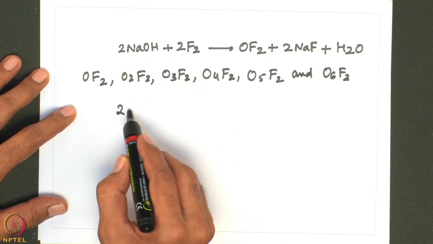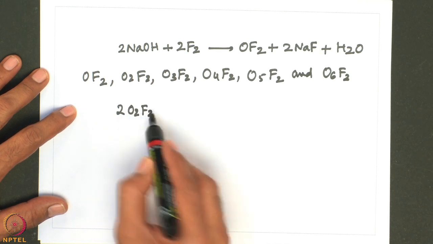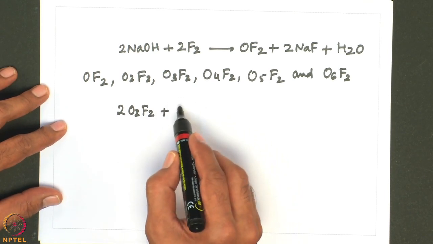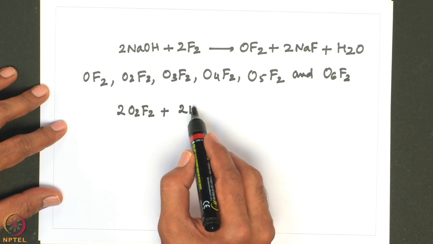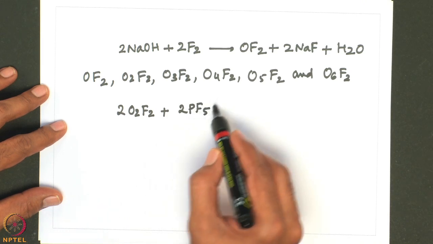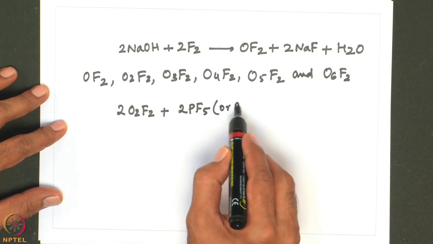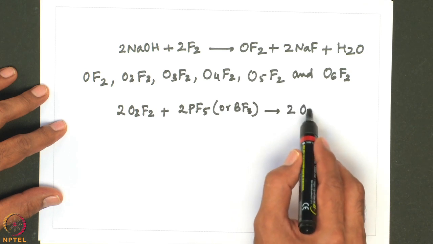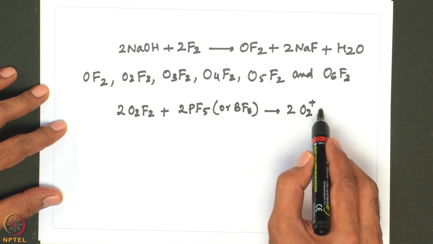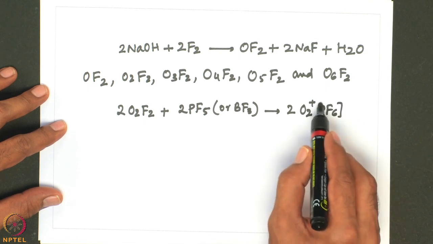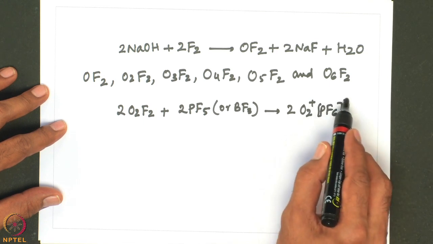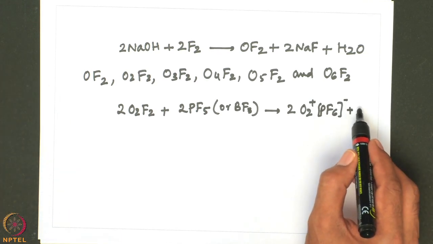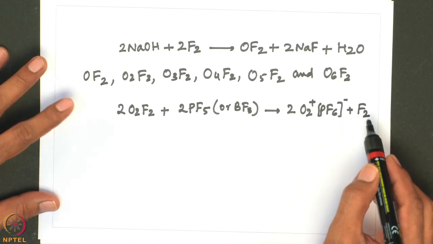If you take O2F2, analog of hydrogen peroxide, and it is treated with 2 equivalents of PF5, phosphorus pentafluoride, or BF3, it gives O2 plus and PF6 minus ion salt plus F2.